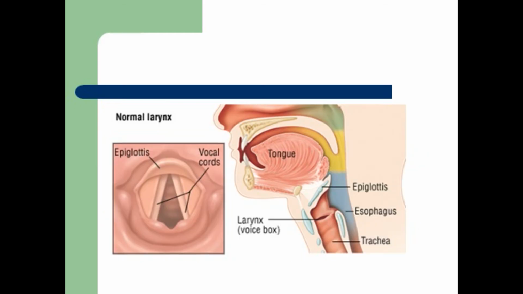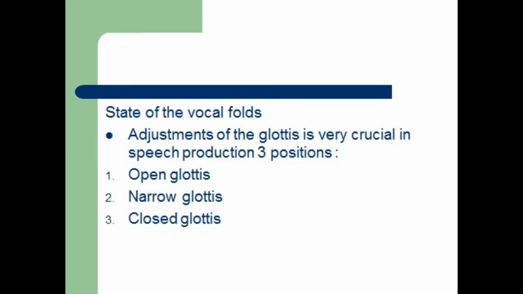Look at this picture. You can see the vocal folds, and this is the place in the larynx, or called the voice box. We have different movements of the vocal folds or vocal cords by means of adjustment of the glottis. There are crucial speech sounds produced. We have three positions.